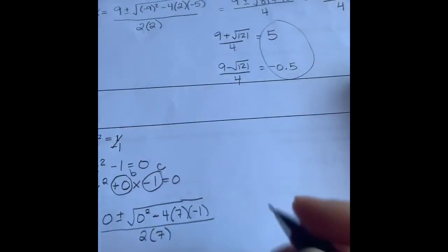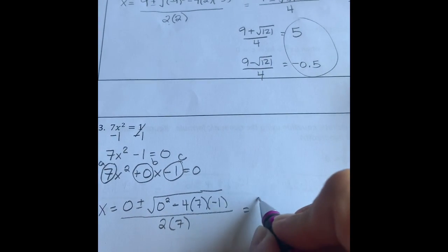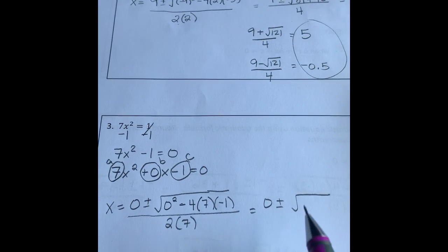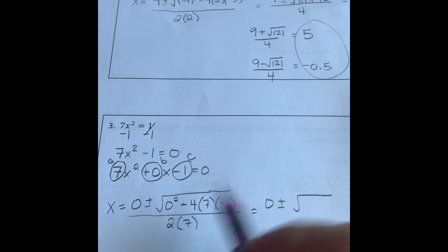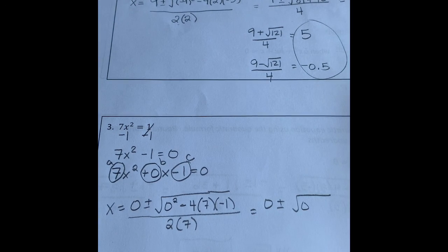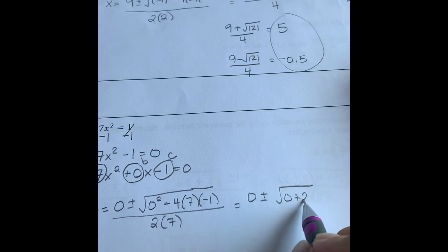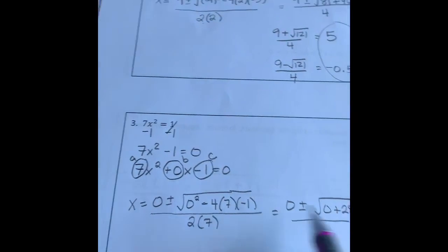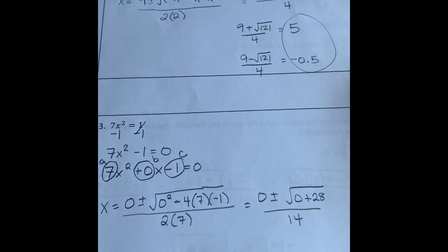So now, simplifying this, we have that 0 in the front, plus or minus the square root. 0 squared is 0. Negative 4 times 7 times negative 1 is positive 28. And that's all going to be divided by 2 times 7, which is 14.